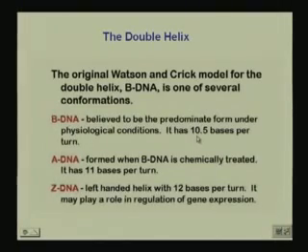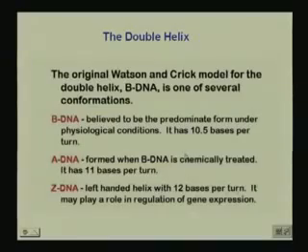It has 10.5 bases per turn. We are talking about a single turn of the double stranded helix that goes up, and there are 10.5 bases per turn. Just like we had a certain pitch of the alpha helix, it is similar to something like that.